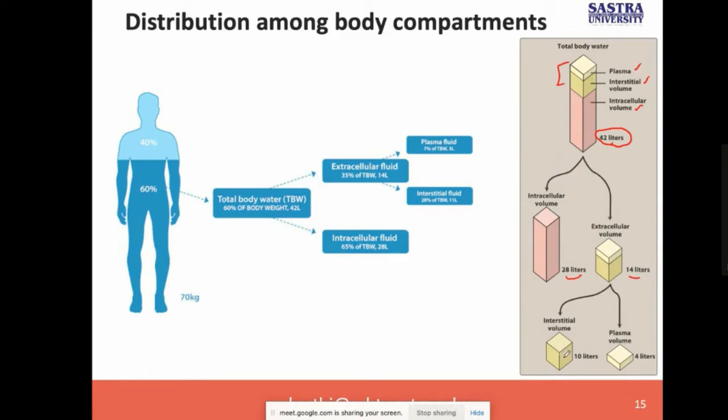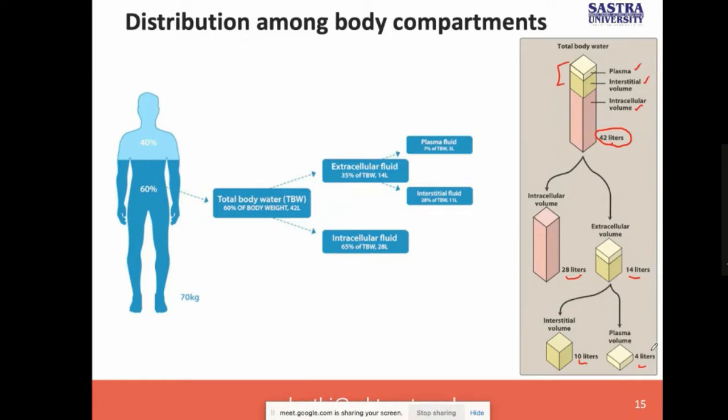One is the interstitial, the volume of water present in between the cells, which accounts for 10 liters. And plasma, the water content of the blood, accounts for 4 liters. If you sum all this, it comes to 42 liters, right? So is that point understandable? The different water compartments in our body: plasma, interstitial, intracellular.